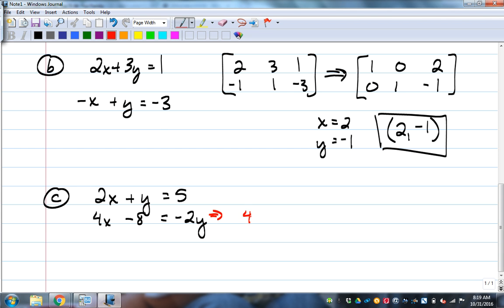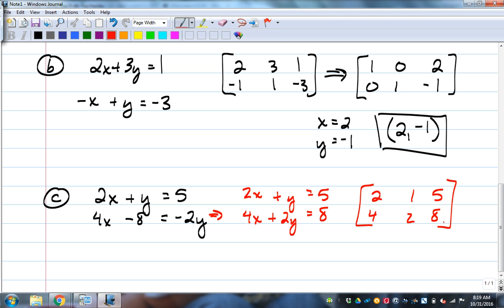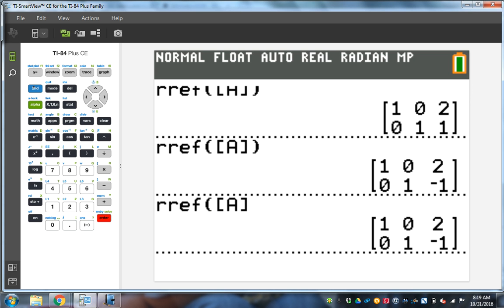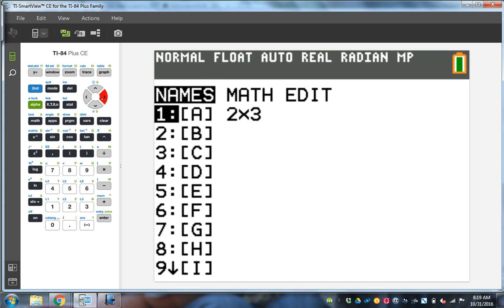You end up with 4x plus 2y equals 8. No problem doing that in our head, I don't think. So our matrix is going to be 2, 1, 5, 4, 2, 8. I'm going to go back to the calculator, go to the matrix, edit.